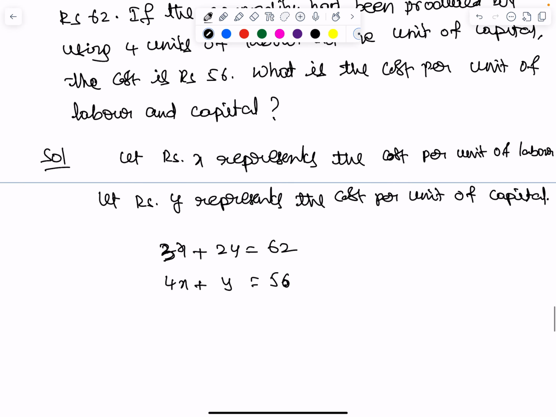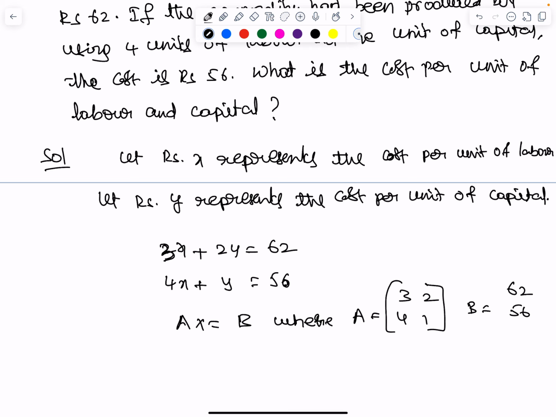Now we write Ax equal to B, where A is [3 2; 4 1], B is [62; 56], and X is [x; y].